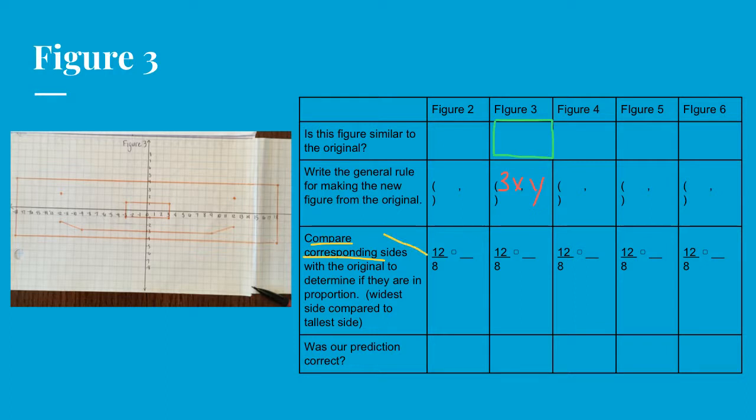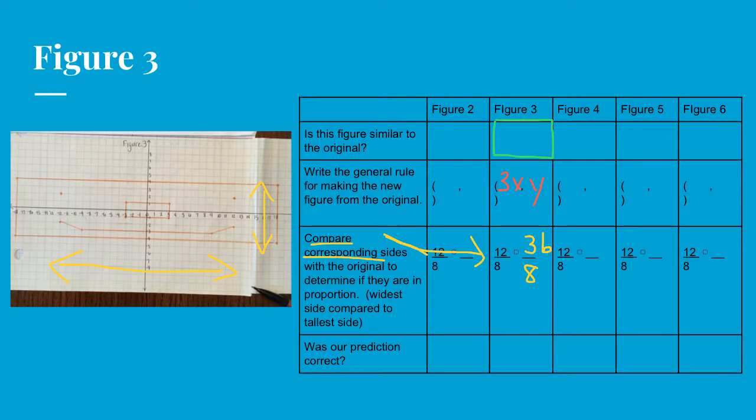All right, we are ready to compare our corresponding sides. Now notice I already have, whoops, and my arrow needs to go over there. I already have my figure 1 numbers. It was 12 wide and 8 tall. So if I look at this figure and I want to know how wide it is, I would simply count. And this one is 36 wide. And if I want to know how tall it was, you could just count that out, and that's going to be 8.